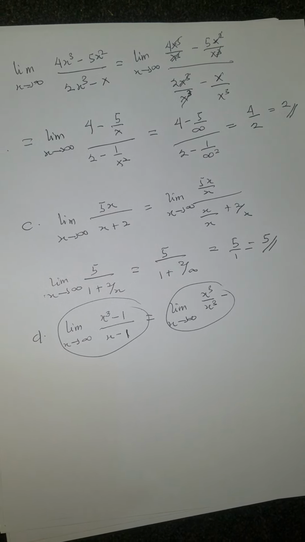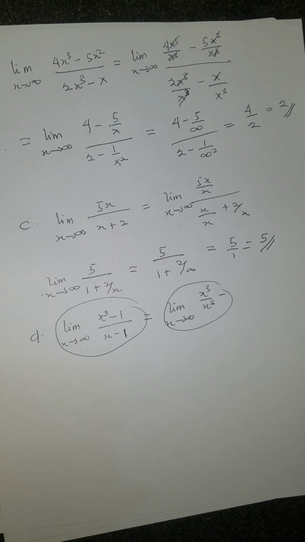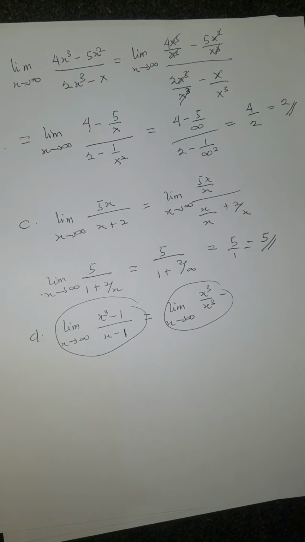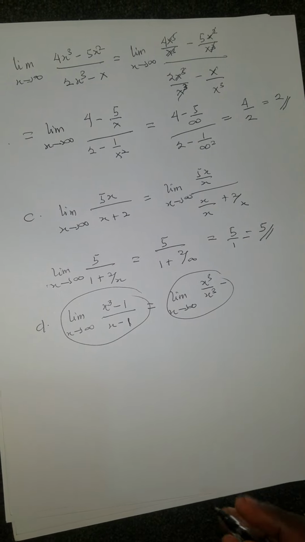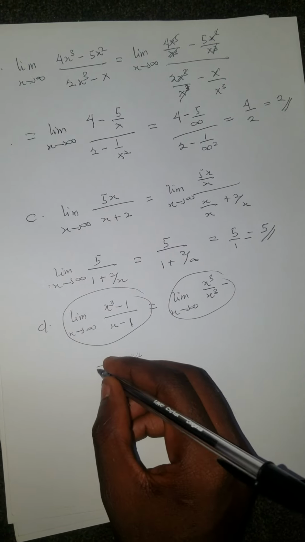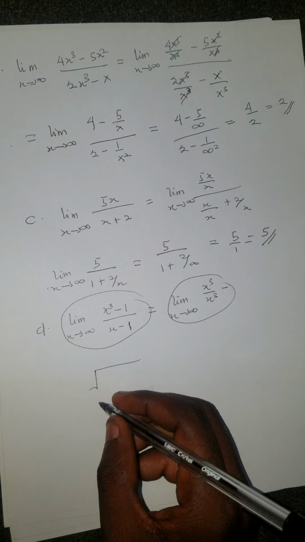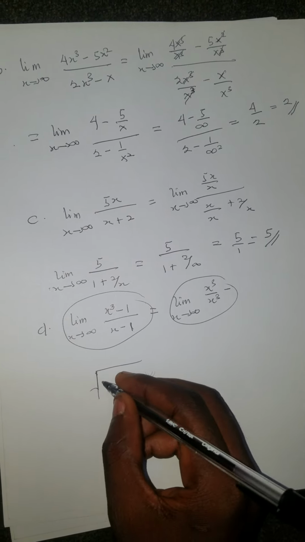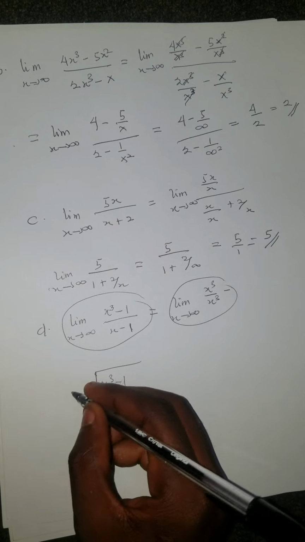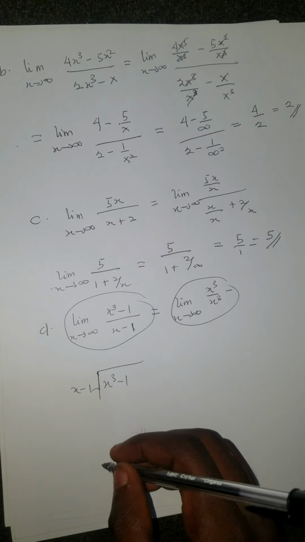So not to waste much time there, let me do the long division. So x cube minus 1 divided by x minus 1.